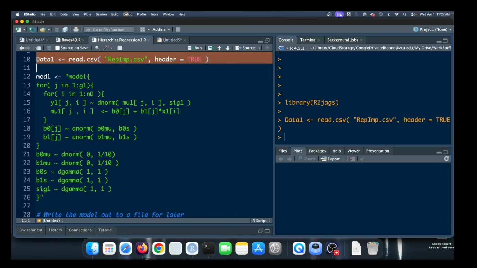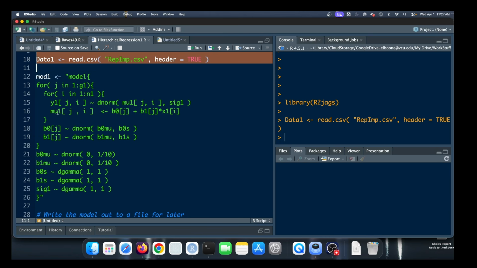It gets more complicated when you have to index n_i by j, because each group has a different n, but we're skipping that here. So we're going to have y in group j, which is row j, column i. It's going to follow dnorm mu. That's going to have two coordinates as well, row j, column i, sigma 1.